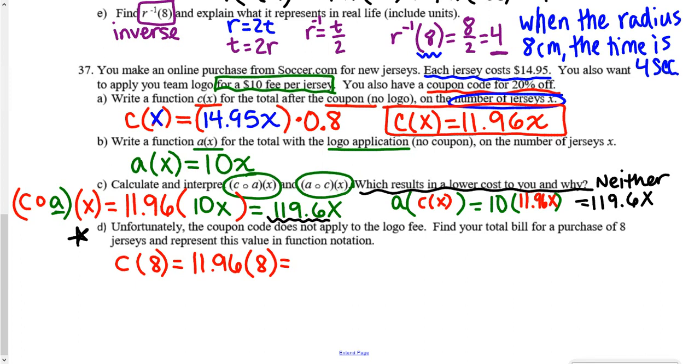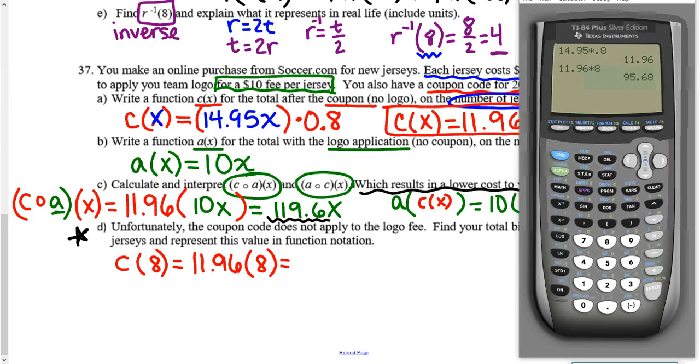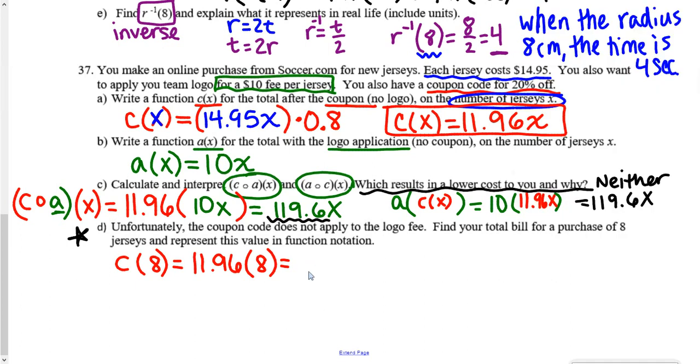What does that make this? Hold on. So if I multiply those together, that's making my jerseys cost $95.68. So over here, $95.68. That's for the cost of the jerseys. Now I need to find the cost of the logos. Well, if I'm buying 8 logos at $10 a piece, then the cost of my logos is $80.